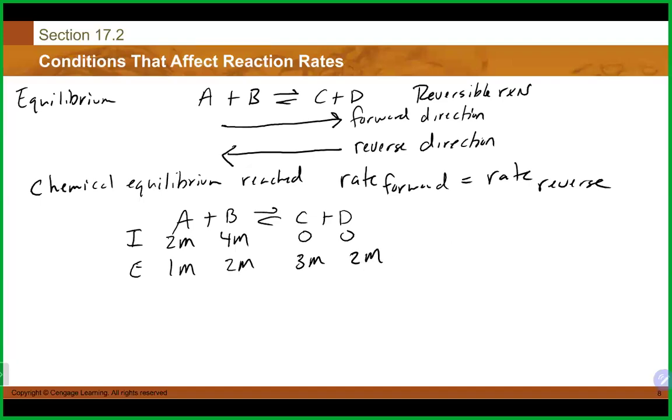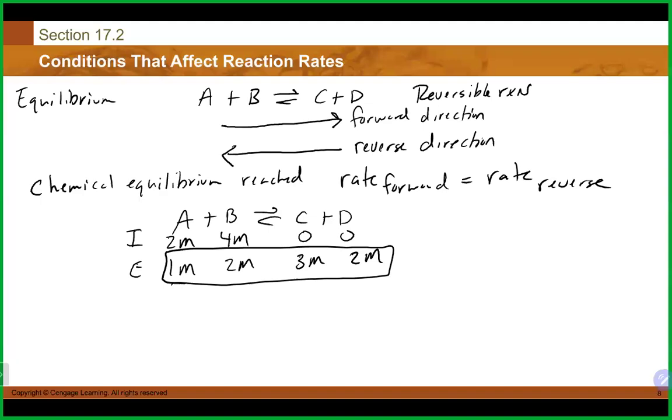So they're not all equal in terms of their concentration at this point. But if this has reached equilibrium, these concentrations will basically be locked into place. They will basically never change unless you do something to screw up the equilibrium. We'll talk about how you can screw up the equilibrium later on in this chapter. But basically, this will continue to occur, and it will continue to be at equilibrium.